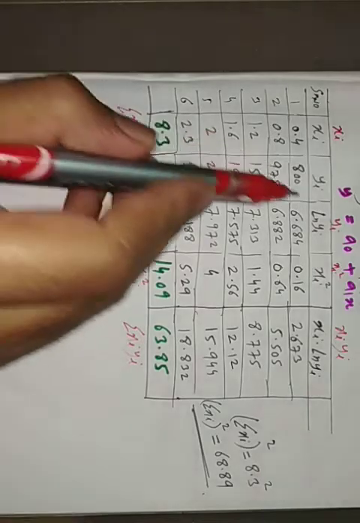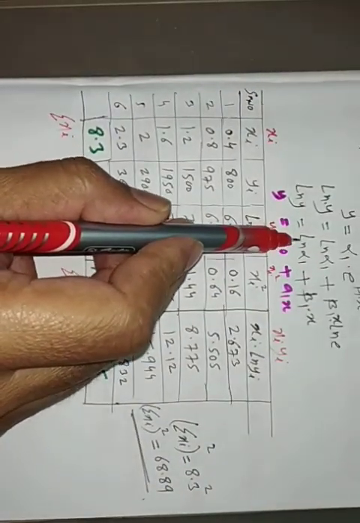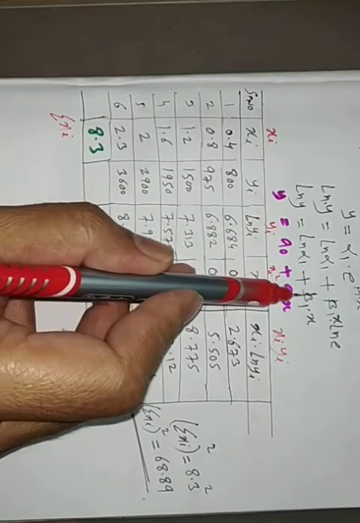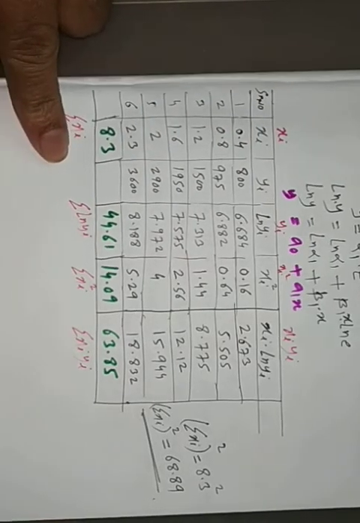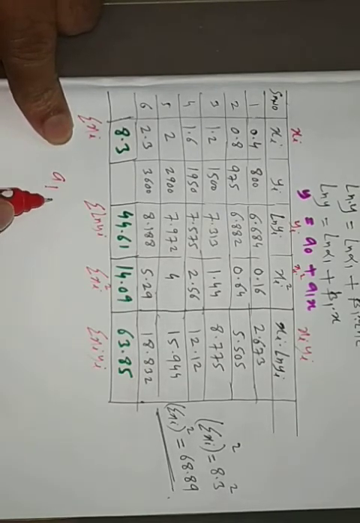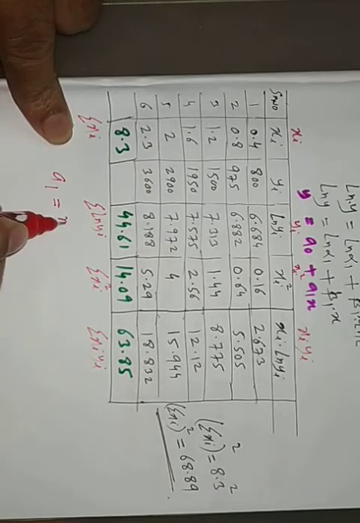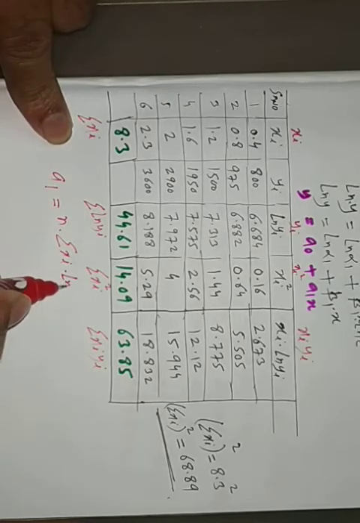Okay, now we are interested in finding out a0, that is ln of alpha 1, and a1, that is beta 1. So what is the equation we use generally? It is a1 equal to n into summation xi into ln of yi.